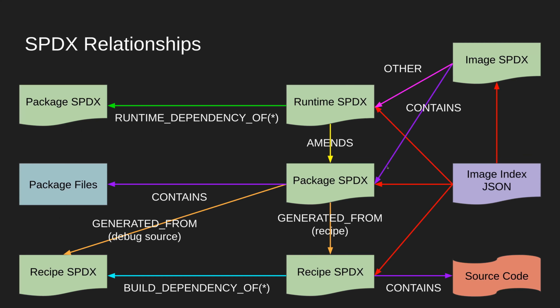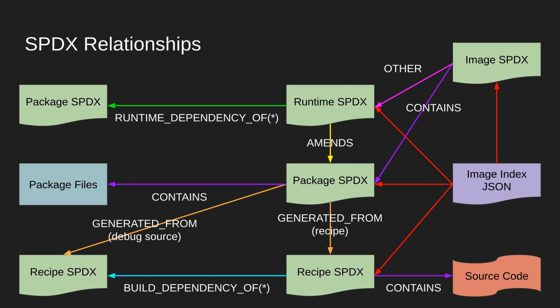As I talked about, relationships between all the different things is very important in SPDX, and we generate a lot of relationships to tie things together. If you were to graph it out, these are basically the relationships that we generate.